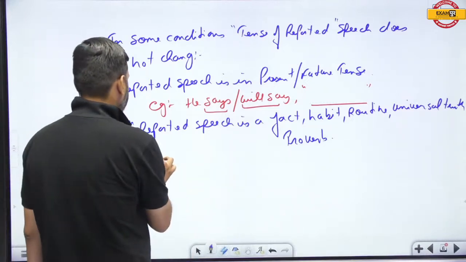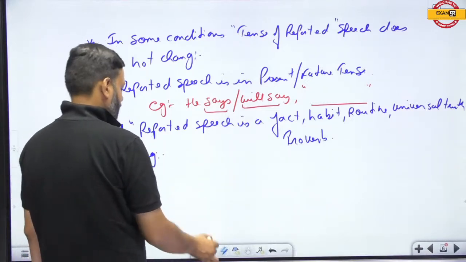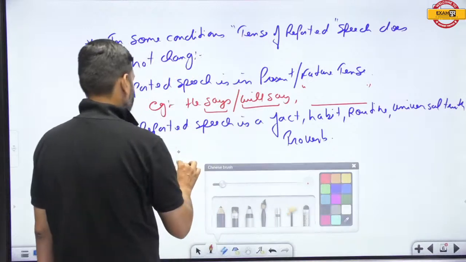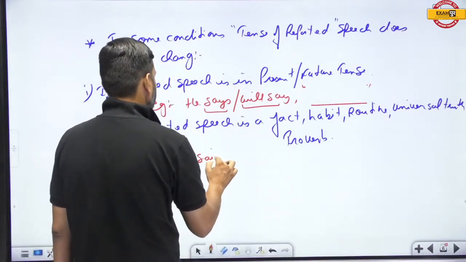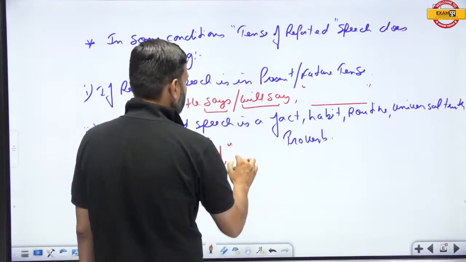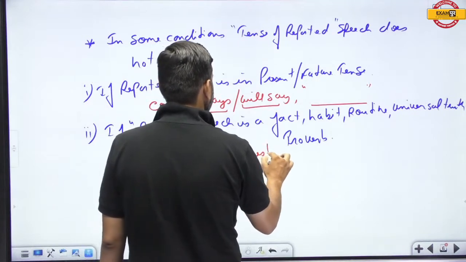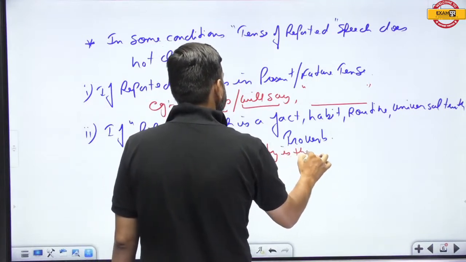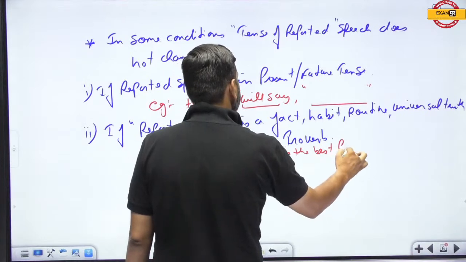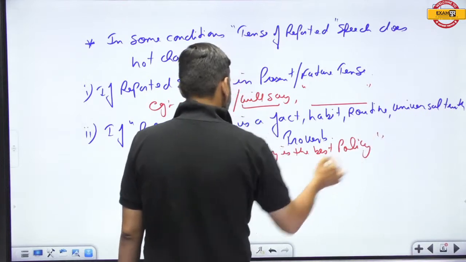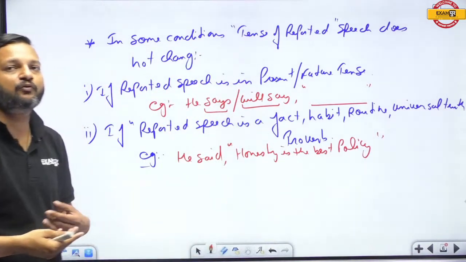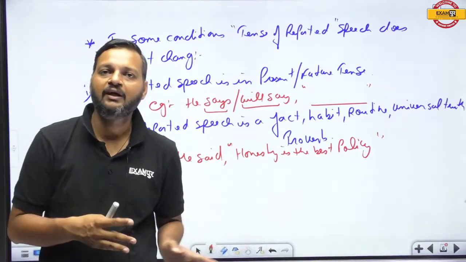For example, he said, comma and wait comma, honesty is the best policy. So honesty is the best policy. This is a proverb. So we cannot change the tense of this sentence.